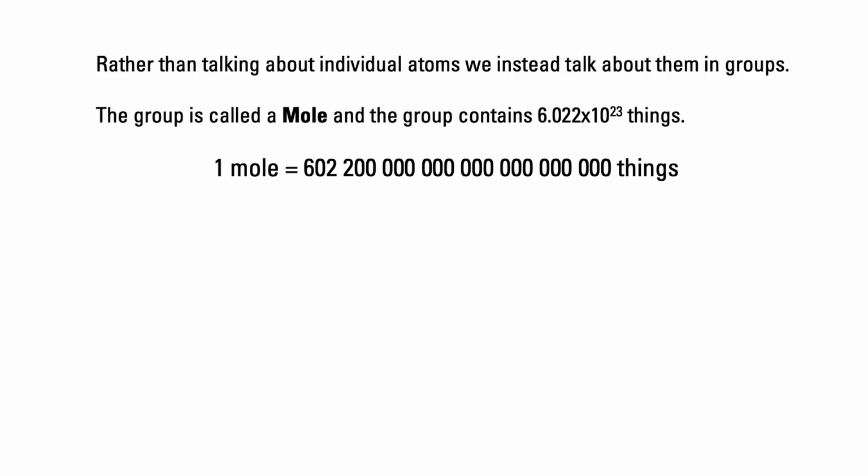And the fixed value is 6.022 times 10 to the power of 23, right? Now that's not a dissimilar number to the number we just saw for the number of sulfur atoms in 6 grams. It's a big number, but it's related to the fact that the atoms and the molecules are very, very, very small.